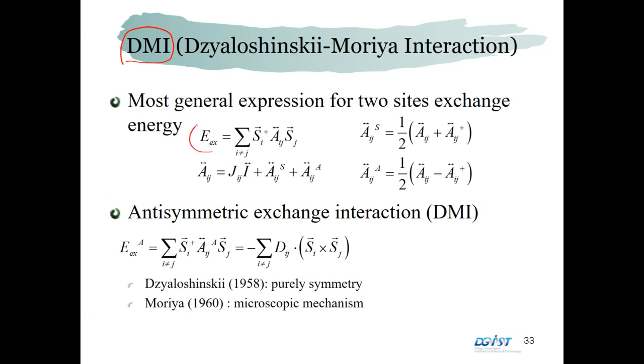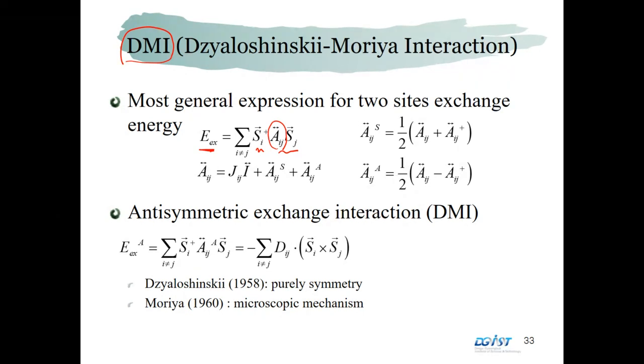The energy of the interaction between two spins is an energy expression, and it should be a scalar term. And we have two spins, and they are vectors. So generally, to generate a scalar term from two vectors, we need a kind of second rank tensor between them.